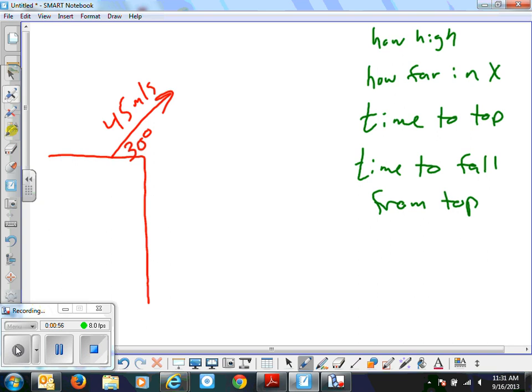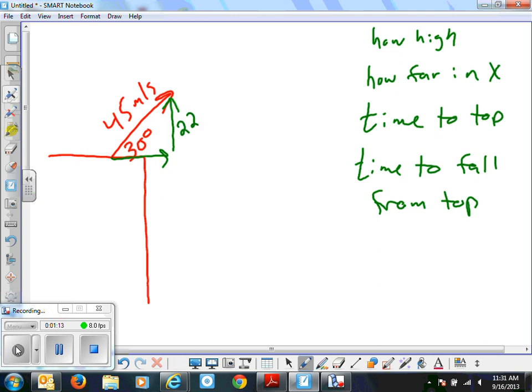Well, the first thing that you have to do in every single vector question, for the most part, is split into x and y, because if you're not all x's and not all y's, you're not all good. Okay? So the sine of 30 is half times 45.